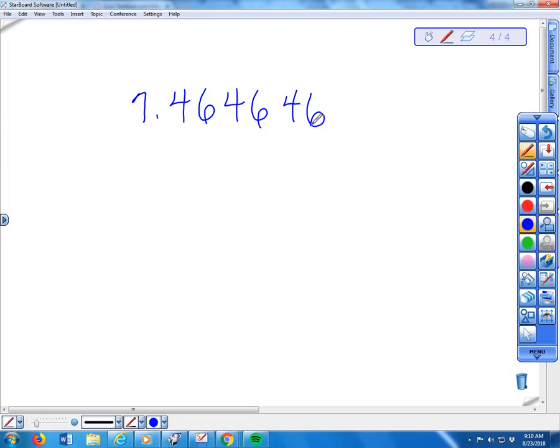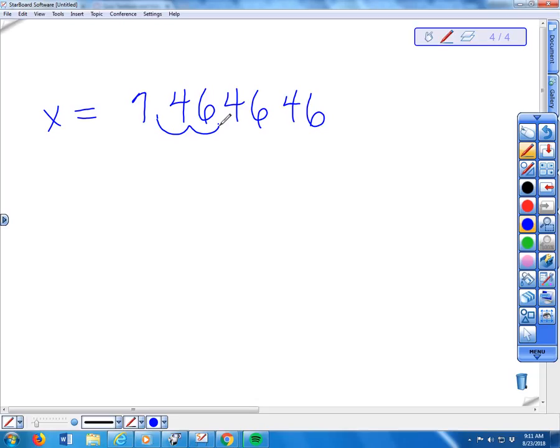Okay? So I'm going to set this equal to x, because the pattern starts right after the decimal and continues. Now, for me to get another number that also has 0.46464646, I need to move this decimal over twice, right? Well, this goes back to your orders of 10.